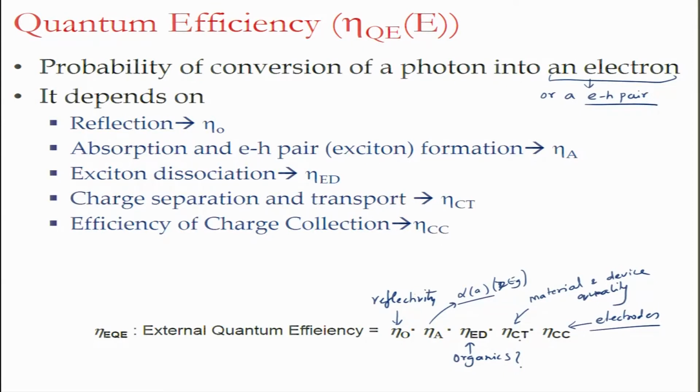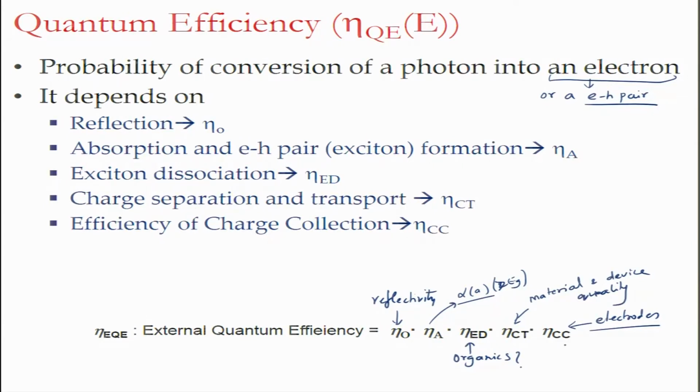Then we have charge transport, which you need to maximize, so that charges are not lost or impeded on the way, which is determined by material and device quality. And then we have electrodes which come into the picture, because the kind of energy levels, the kind of conductivity of electrodes, the kind of interfaces they make with the solar cells is very important in charge collection.